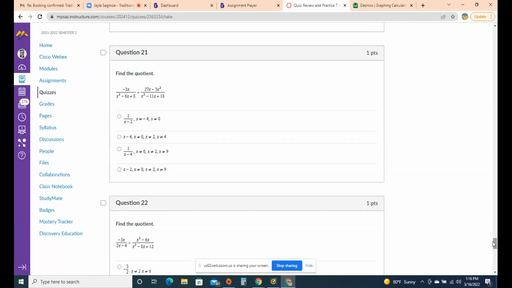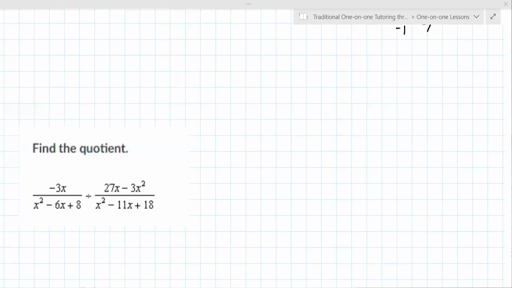All right, so find the quotient here. So let me share my screen. Okay, so many years ago, you had an instructor that would say, what is 4 divided by 3/4?